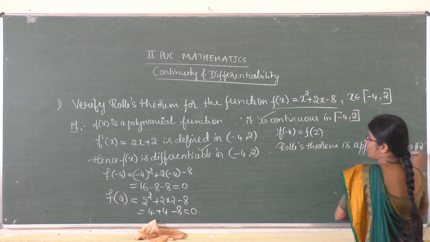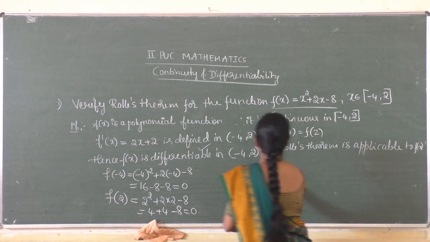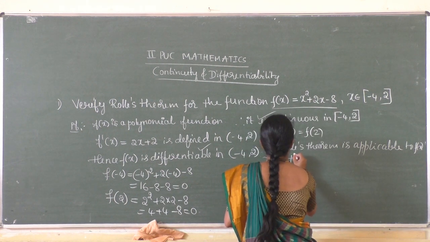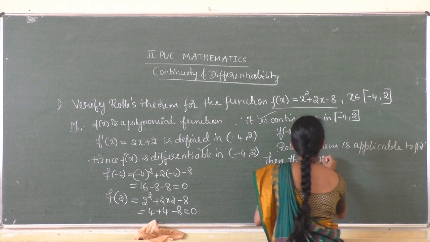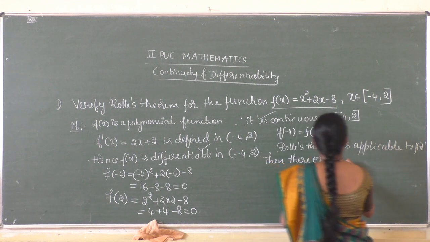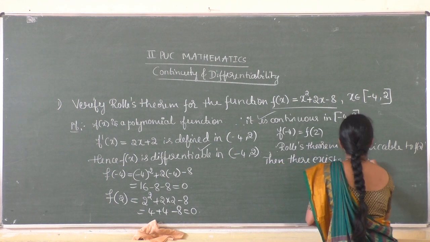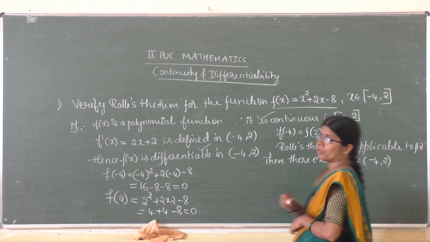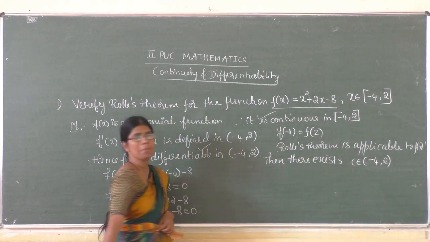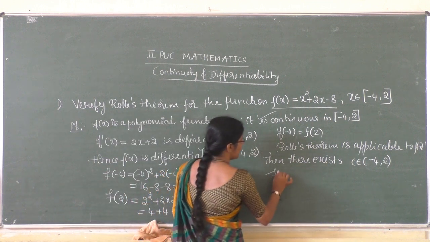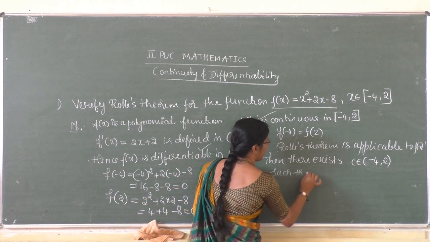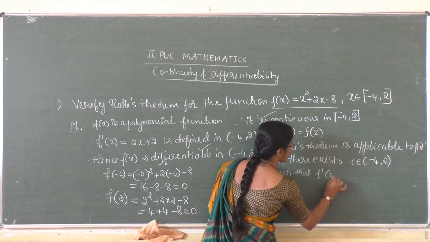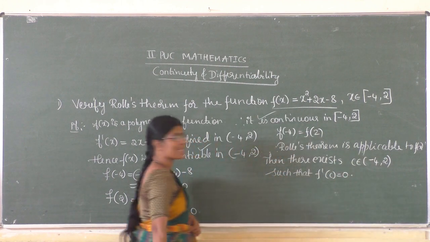Then there exists C in the open interval minus 4 comma 2 such that f dash of C equal to 0.